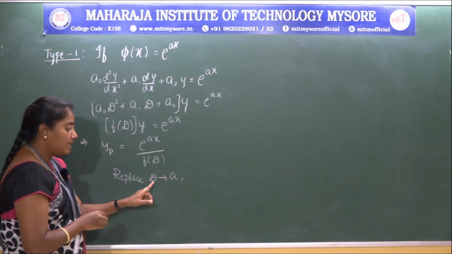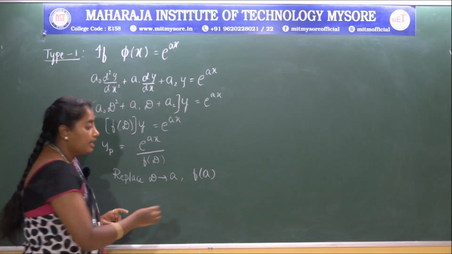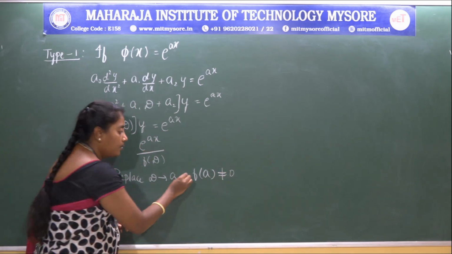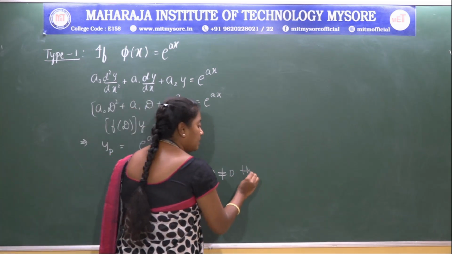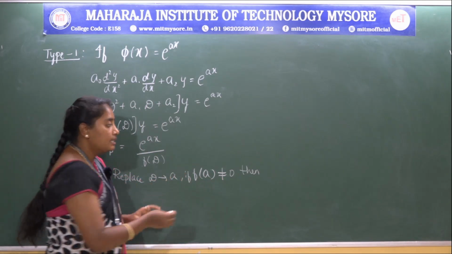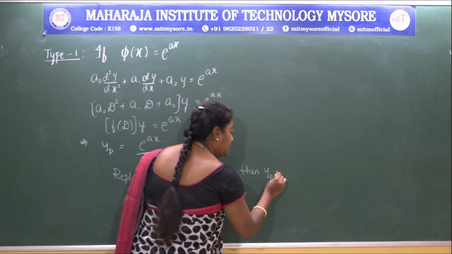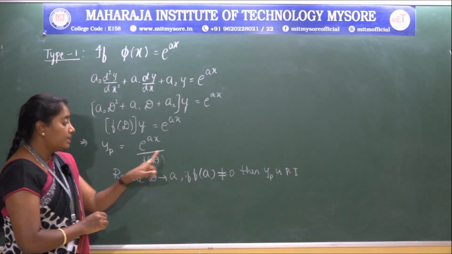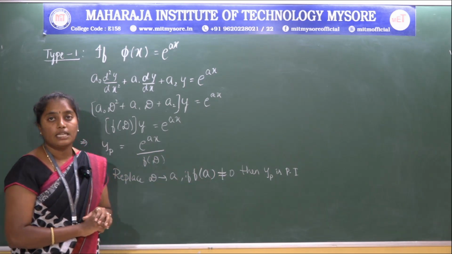If f of a is not equal to 0, then the obtained result is called yp, the particular integral, provided this denominator term is not equal to 0.